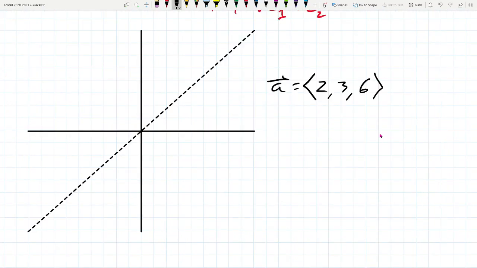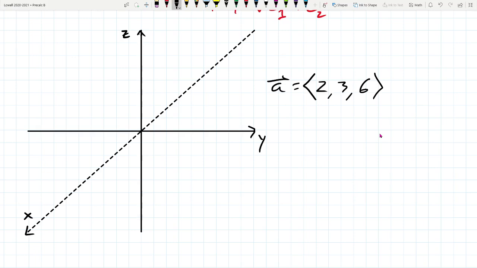Alrighty, so here I have a vector 2, 3, 6, and what I've drawn is my 3 axes. It might have been a while since you've seen this, but remember that, at least the way I've drawn it, the axis that's pointing out at you is the positive x-axis. The axis that points off to the right is the positive y-axis, and then the z-axis points straight up.